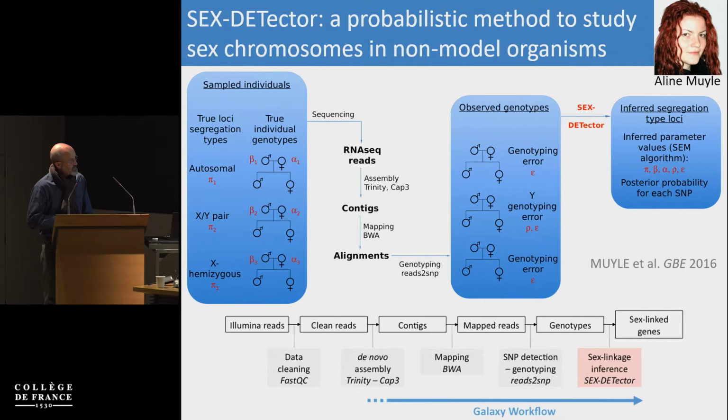If you don't have a reference genome, you can even assemble a de novo transcriptome on which you map back the reads from the individual to do SNP calling and get genotyping data from all the individuals, and then you run sex detector on those data, and you get the list of sex-linked genes and their sequences. Okay, nowadays it's a 5,000 euros experiment.